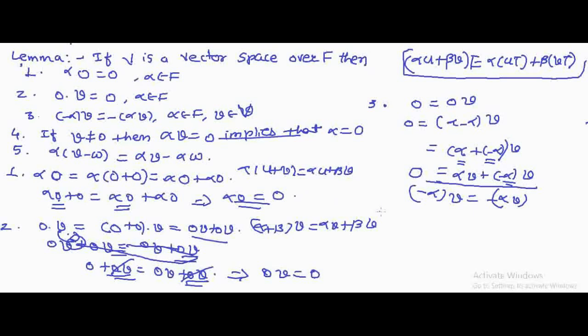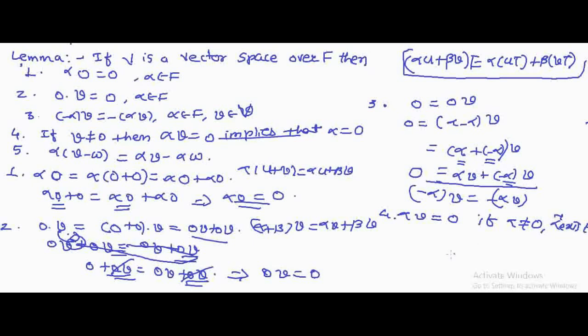Now fourth one, what is fourth? V not equal to 0 and then alpha V equal to 0. So we have to prove that here alpha, it is given alpha V equal to 0. Now if possible, suppose that alpha is not equal to 0, so alpha inverse exists.